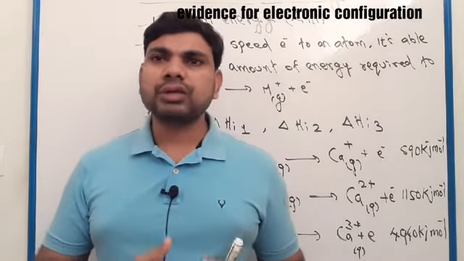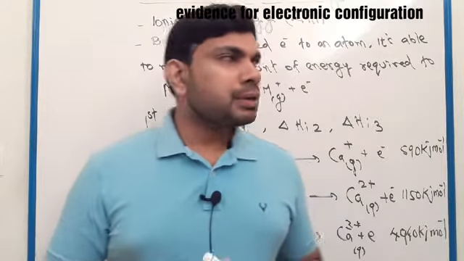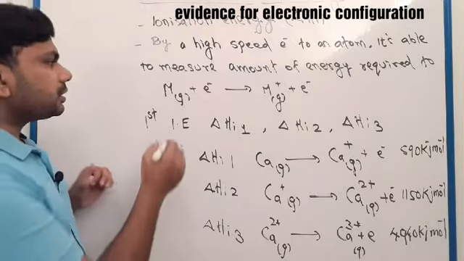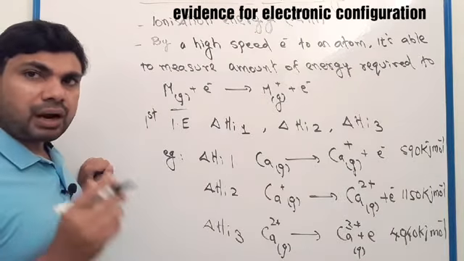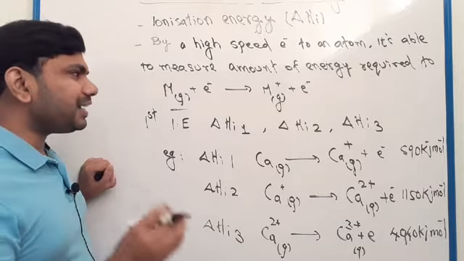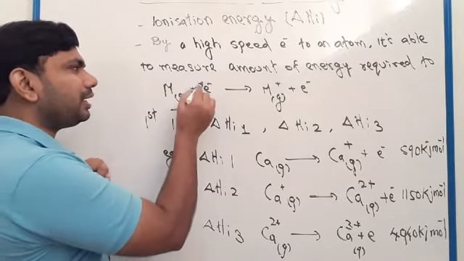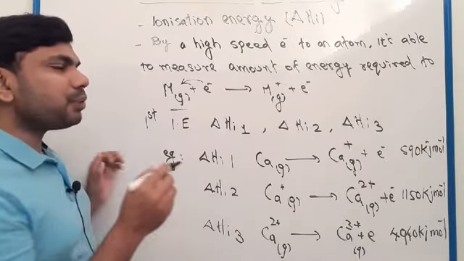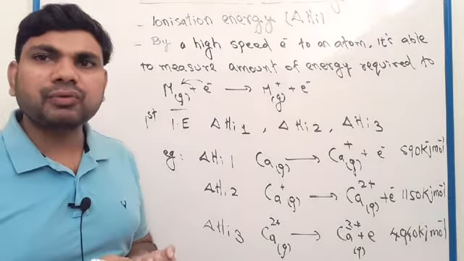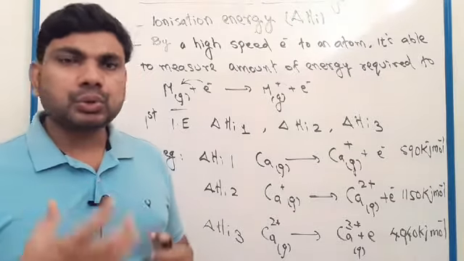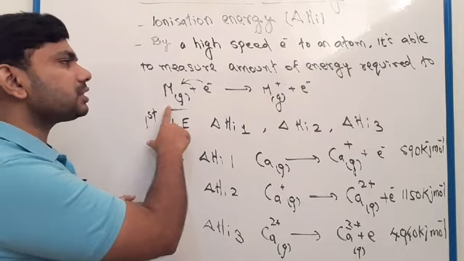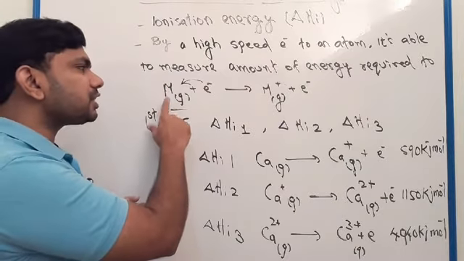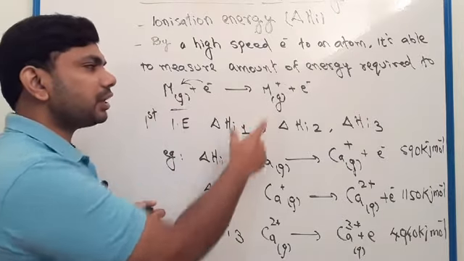See here, there is one gaseous atom. After firing a high speed electron at a gaseous atom, it is possible to measure the amount of energy required to remove an outer shell electron from the gaseous atom, which then changes to a gaseous ion.